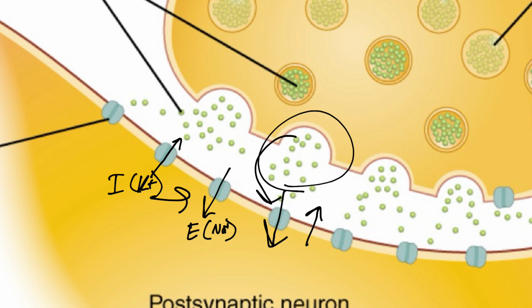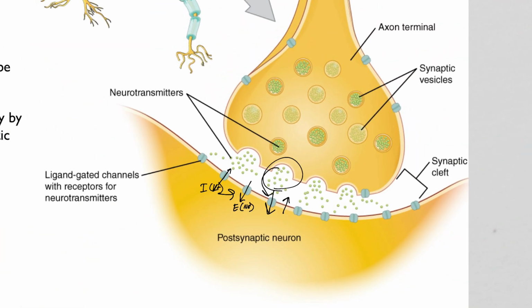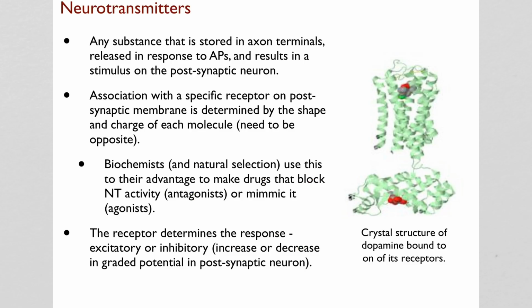The way that makes the most sense to remember this is that the receptor determines the response. And you don't know which ion channel is going to be open in which neuron. So when I say we're releasing dopamine in the brain, well, in some areas, dopamine opens sodium channels and it's excitatory. And in other areas, dopamine opens potassium channels and it's inhibitory.